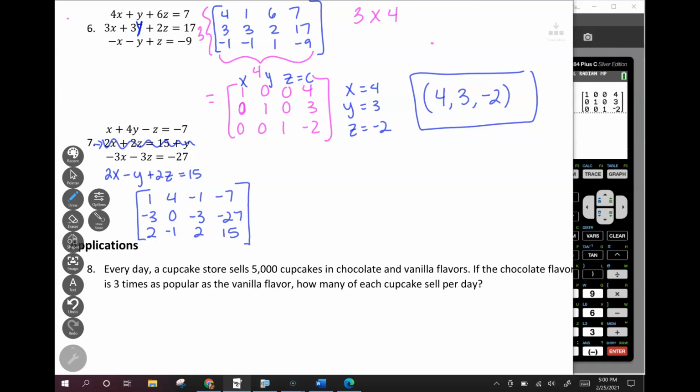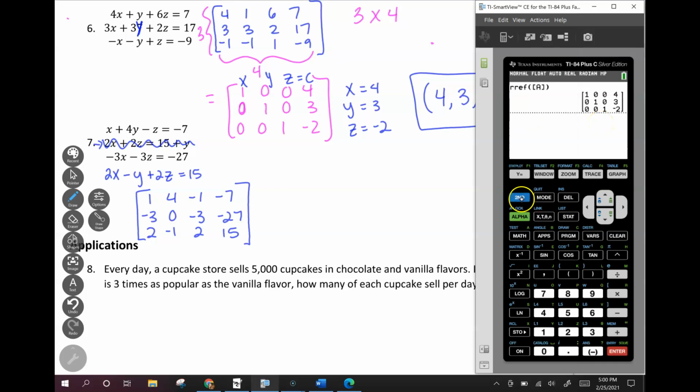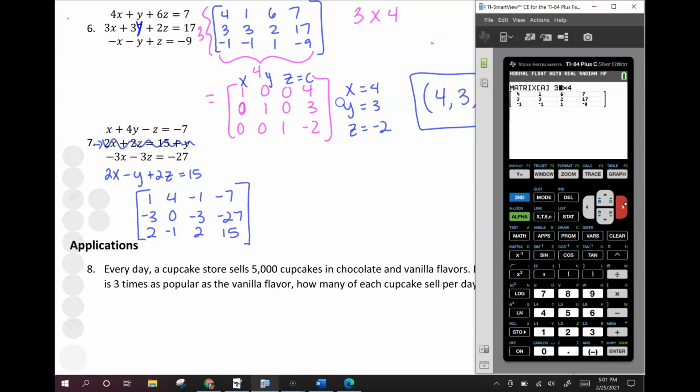All right, now we're going to put that into our calculator. So hit second matrix, go over to edit. This one is also 3 by 4.